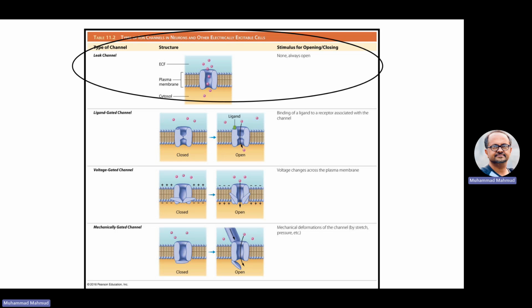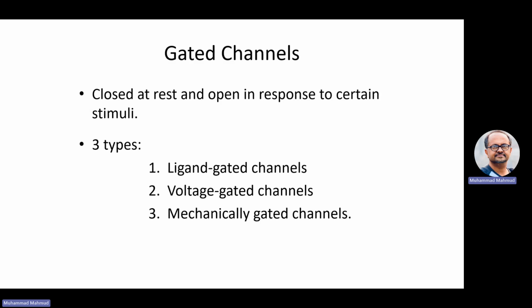It is always open. For the second type of channels, the gated channels, there are three types: ligand gated, voltage gated, and mechanically gated channels. These gated channels are closed at rest and open in response to certain stimuli.